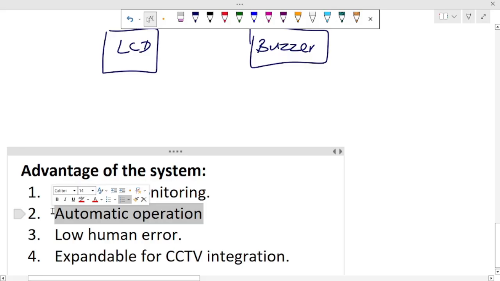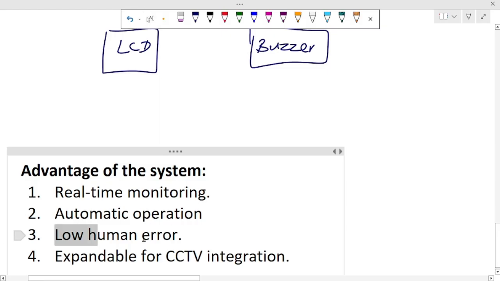Anybody inside again? Now write on the LCD 2. No. So it happens automatically. Okay. Then low human error. Of course, since it's automatic, the human error is what? Reduced. Okay. Almost negligible. Okay, but let's just say low human error.